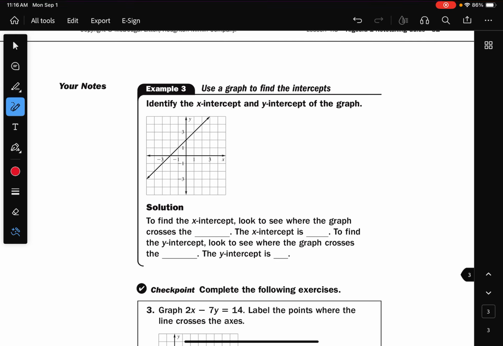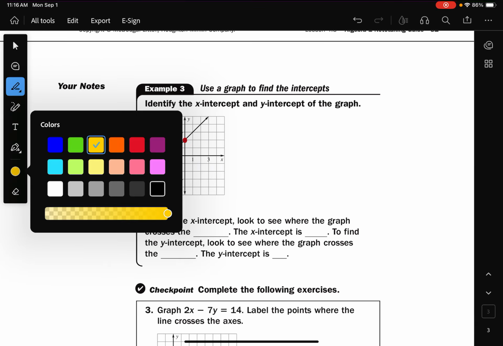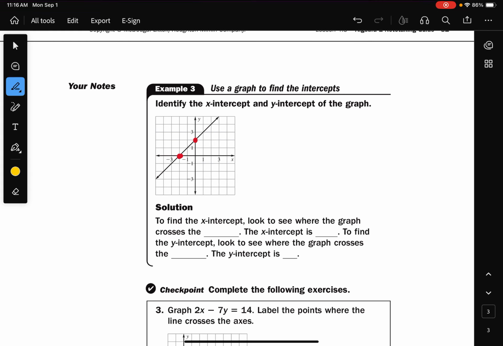Identify the x-intercept and y-intercept of this graph. So that means where does it cross the y-axis? Where does it cross the x-axis? Remember, the x-axis is this one right here that is going left and right. Oh, it looks like that's glitching.